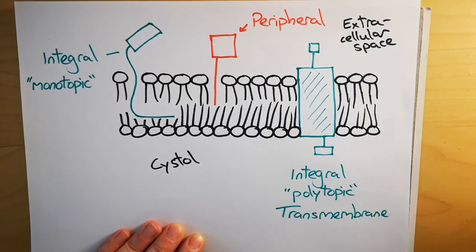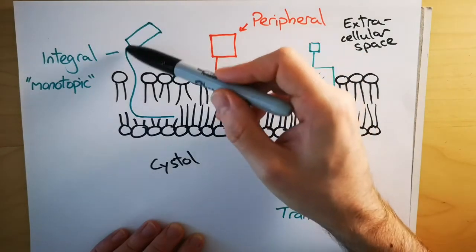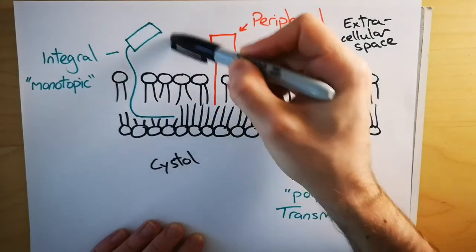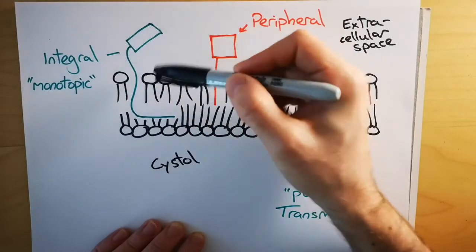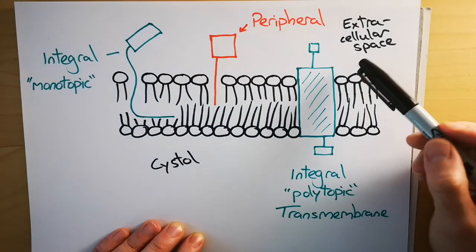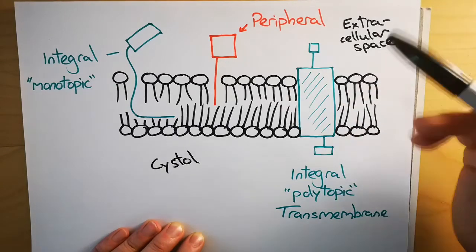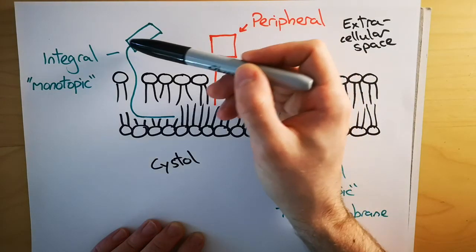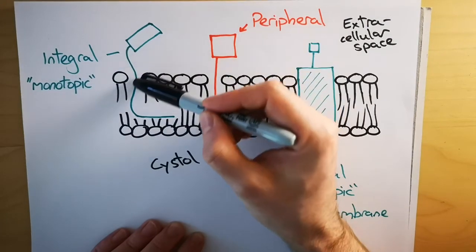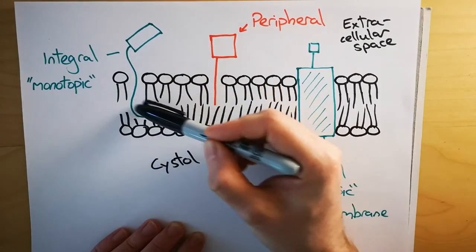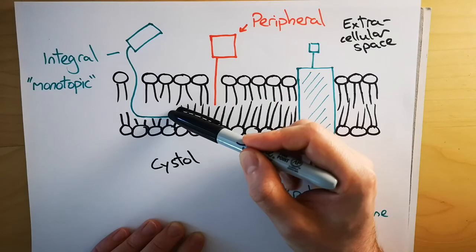That means they're not designed really to leave that membrane. This integral protein here, this bit is going to be polar and can interact with the extracellular matrix, basically the watery substance on the outside of the cell. The hydrophobic section is going to come in and embed between the bilayers.